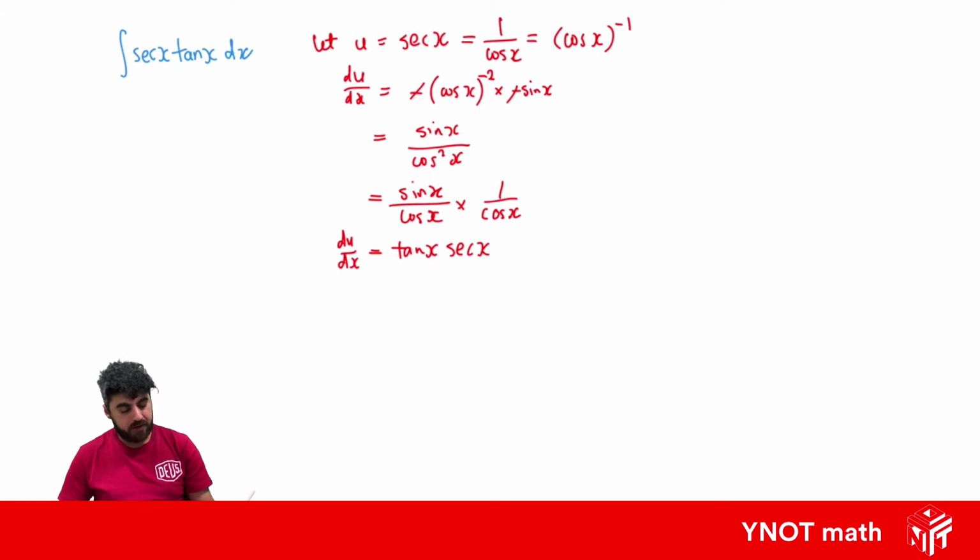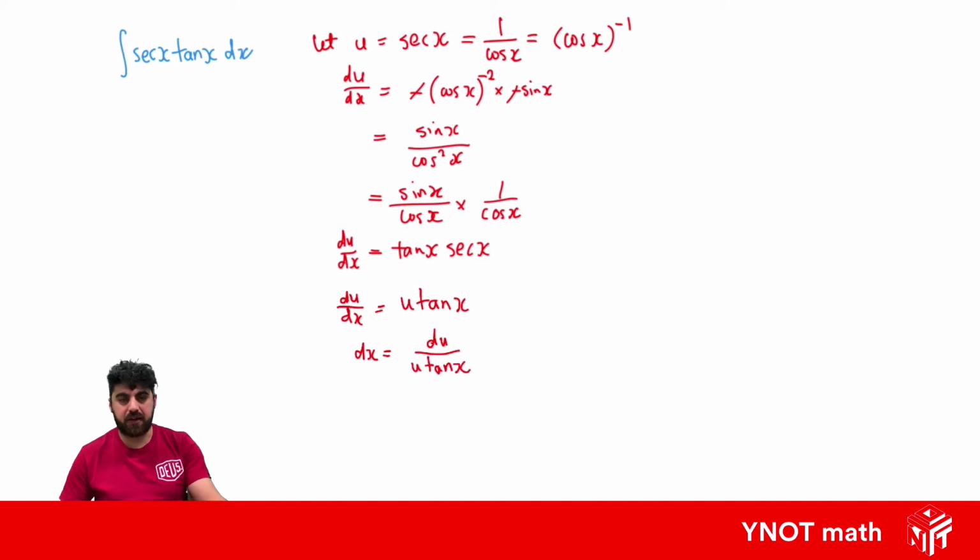Now remember, we let u equal sec x, so we can put that u back in here. So we'll get du dx equals u tan x, and we'll make dx the subject, and this will give us du over u tan x.